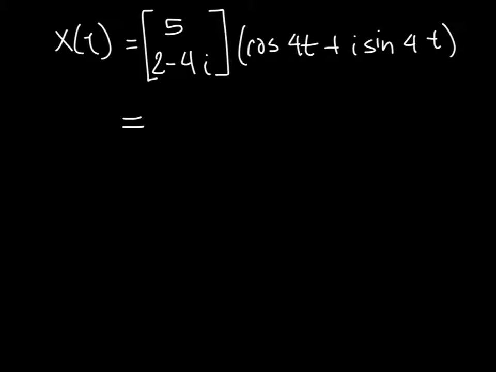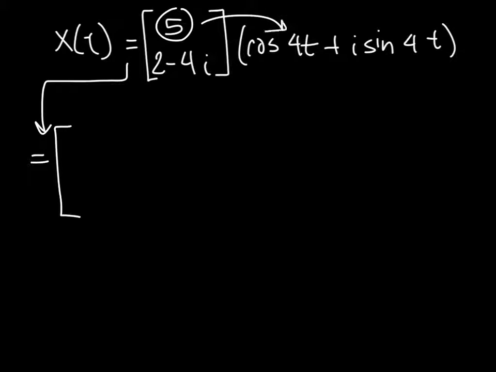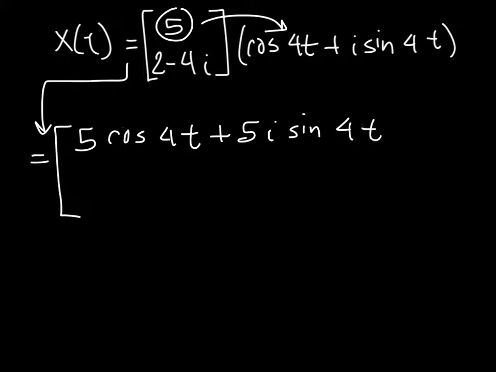It's going to get a little bit long, so let me write this here. Equals, because I write really big. I'm going to distribute this 5 to this whole expression. So I get 5 cosine 4t plus 5i sine 4t.